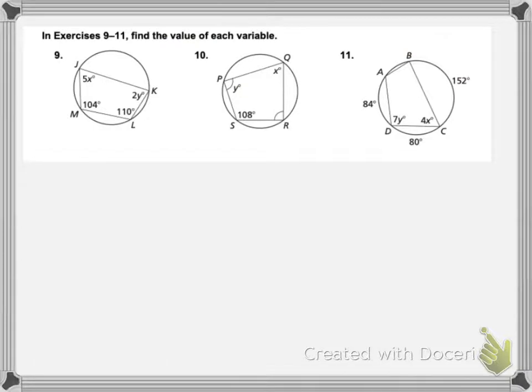So these next few, they're inscribed shapes. They're all quadrilaterals. And this is from 10.4 again. So this is where opposite angles are supplementary.